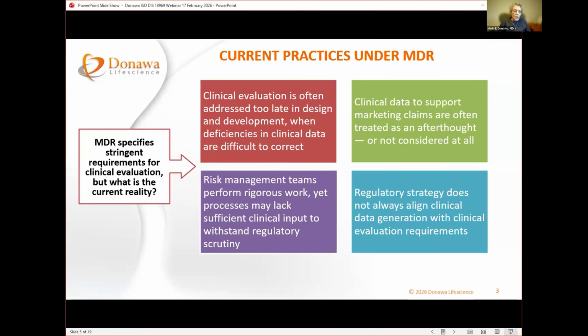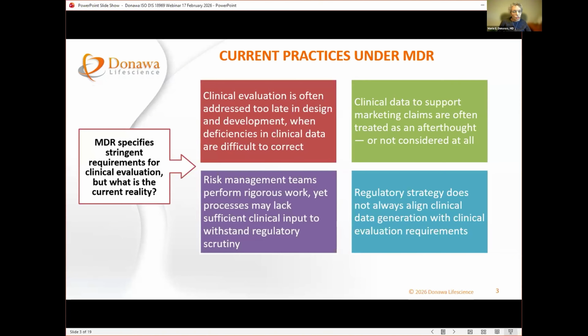Now, we know that risk management teams perform very rigorous and strenuous work, and very detailed work. But as again was pointed out by Danielle, they don't always have the clinical input that is later going to avoid problems with regulatory scrutiny.